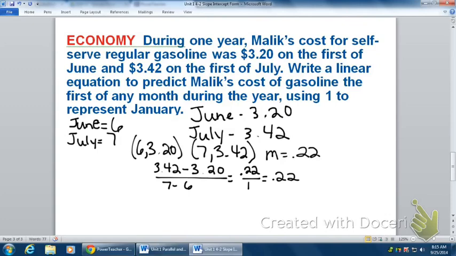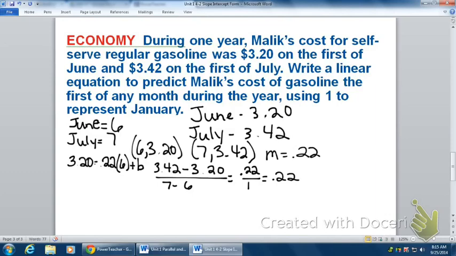My y is $3.20, so I'm going to plug that in. Okay? My slope, or my rate of change, what we just found, is 0.22. My x is 6. And we are solving for B.